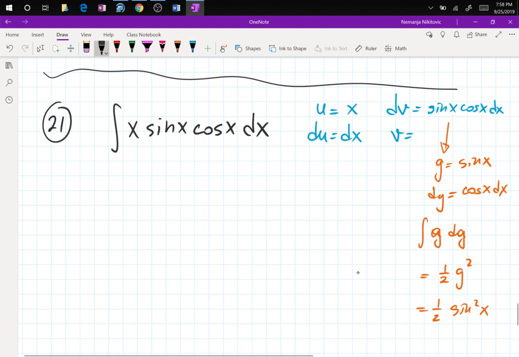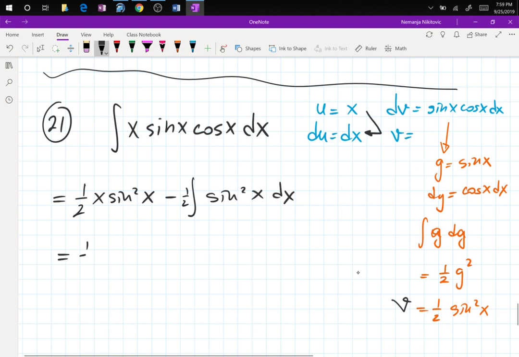So when we integrated, we came up with this answer on the bottom. So v is equal to sine squared x over 2. Yep. So now when I put my trusty arrow over here, I have 1/2 x sine squared x minus the integral of, kick 1/2 outside, sine squared x dx.